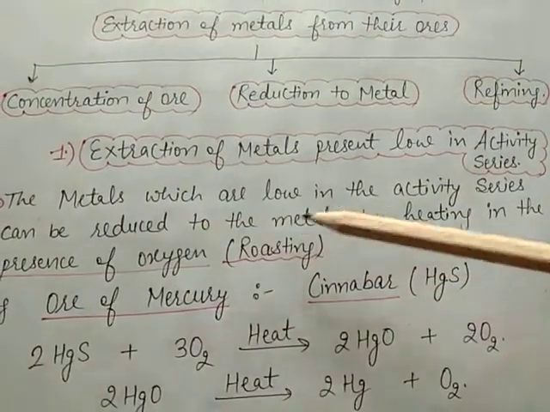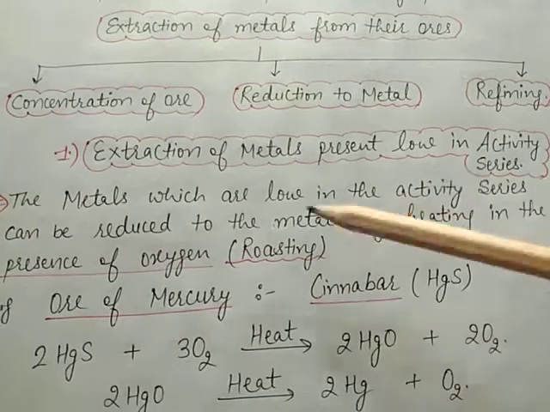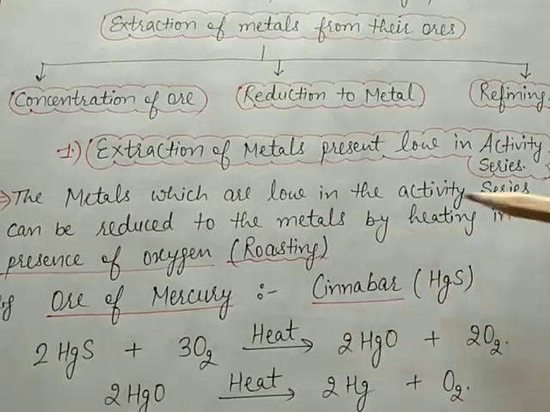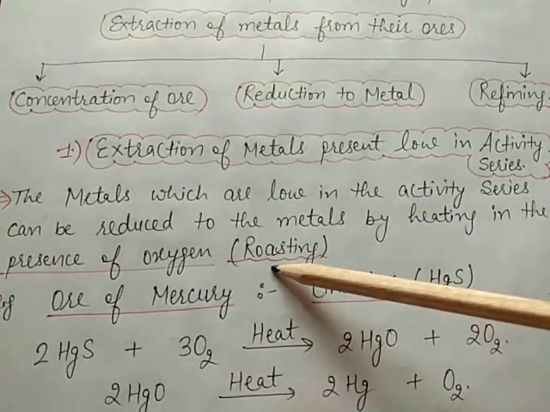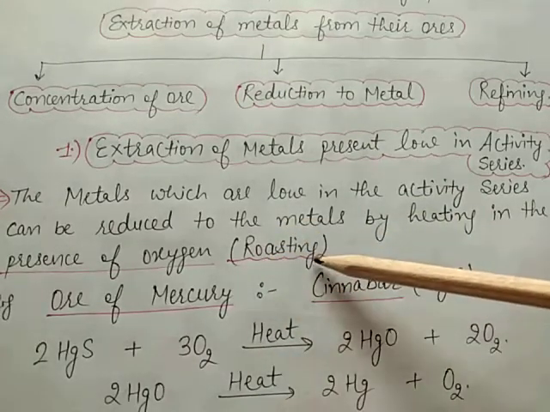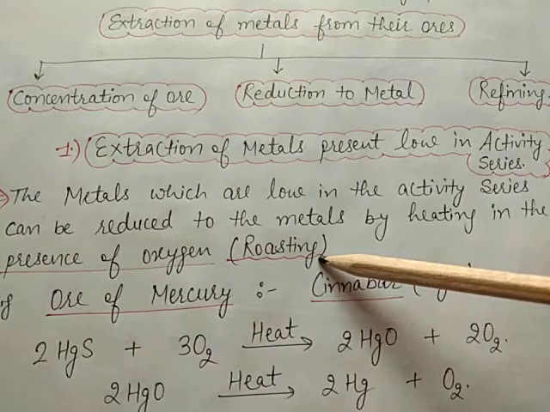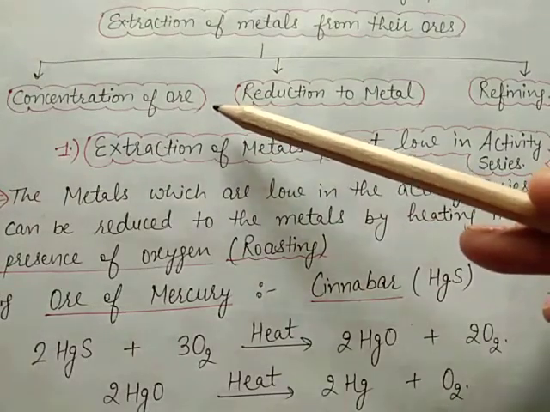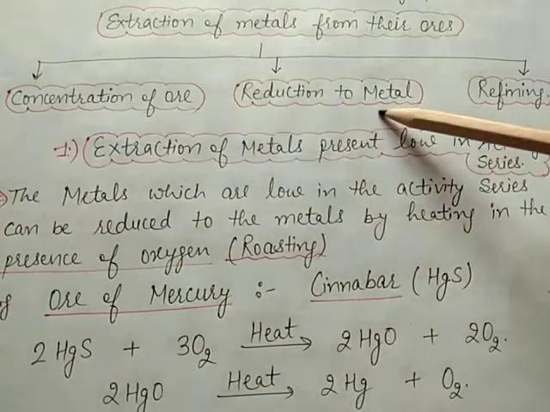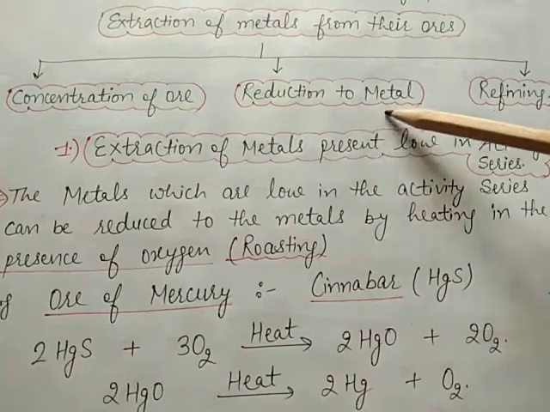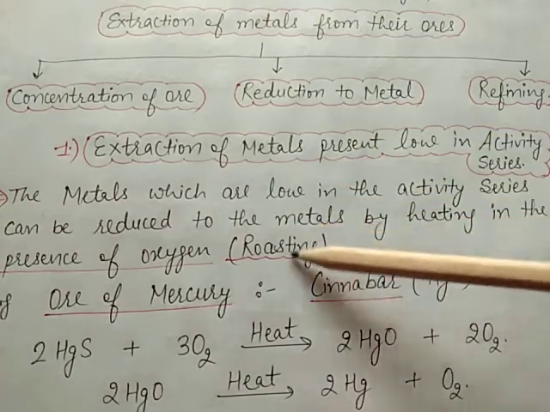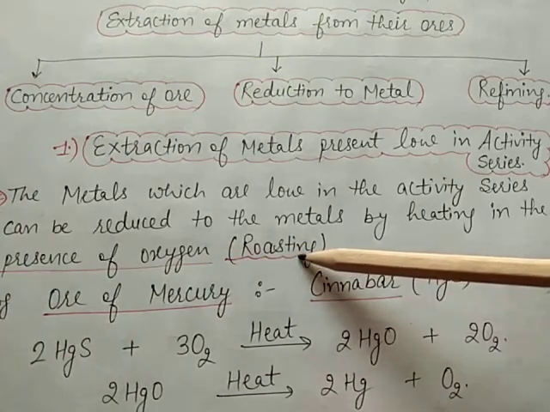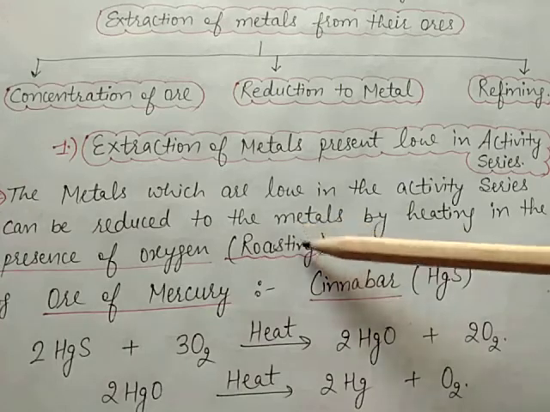The metals which are low in activity series can be reduced to metals by heating in the presence of oxygen. This process is called roasting. After the concentration of ores, the second step is the reduction to metals. Reduction to metals takes place by heating in the presence of oxygen. This process is called roasting.